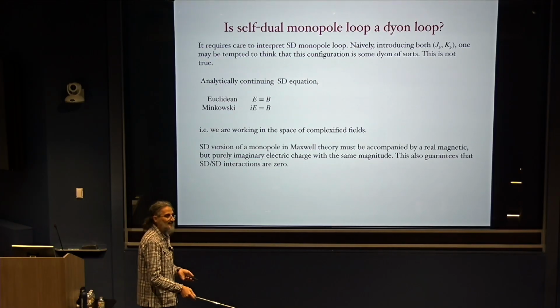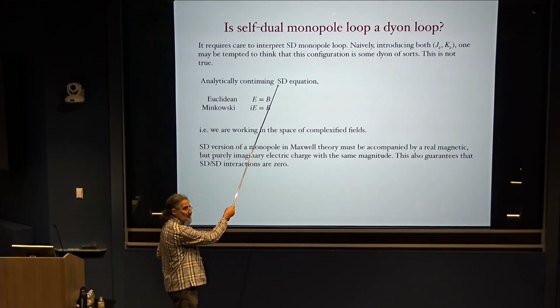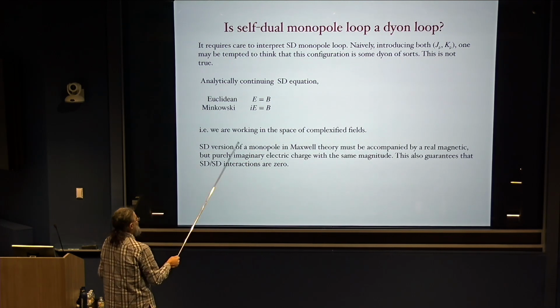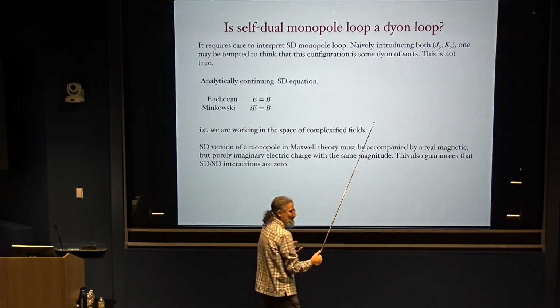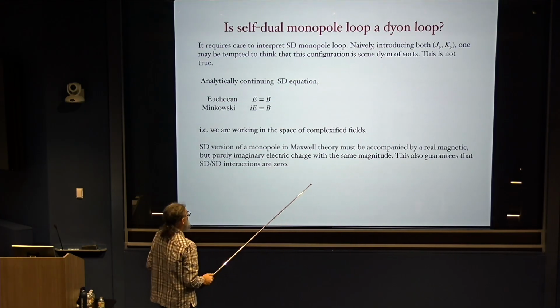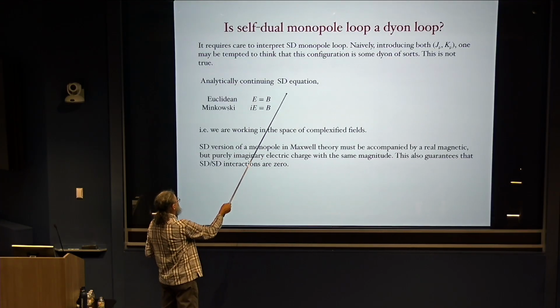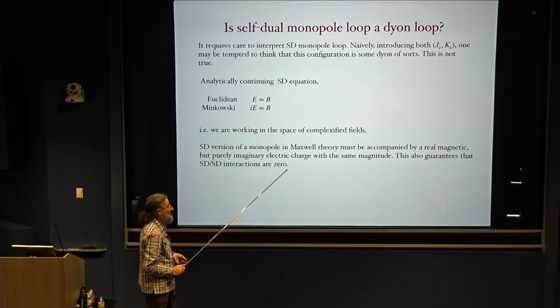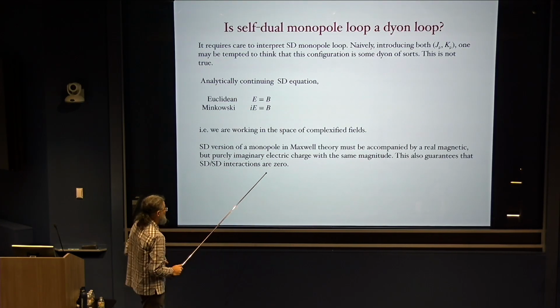Now, Tin asked, what did I do exactly? And I want to bring this up. Is a self-dual monopole loop a dyon loop? If you look at it naively, we introduced magnetic currents and electric currents, but remember this was in Euclidean space. And actually, you can analytically continue the self-duality equation to Minkowski space. It tells you that if the magnetic field is real, then the electric field must be purely imaginary.